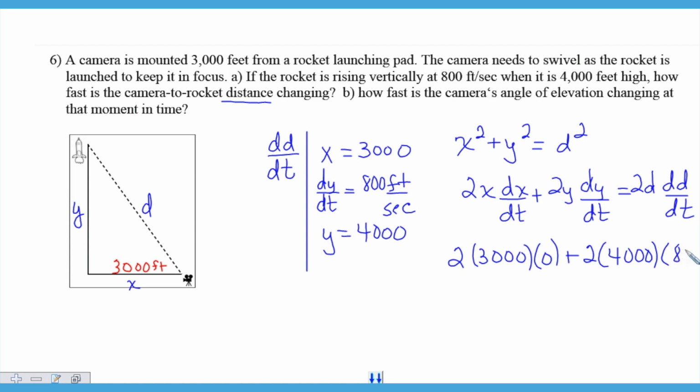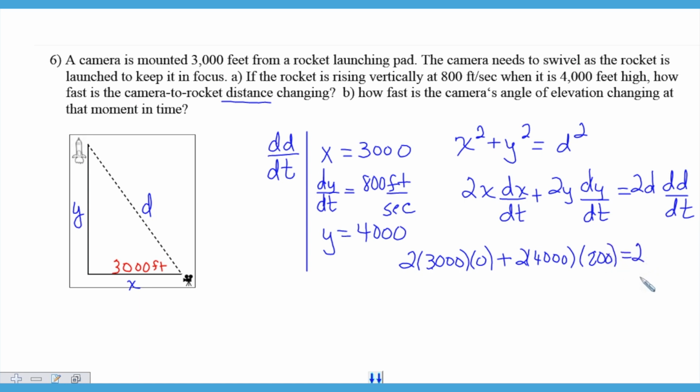I might have to get a calculator out for this one. Hold on a minute. I didn't allow enough room. Excuse me. So 3,000 times 0 plus 2 times 4,000 times 800 equals 2d dd/dt. I don't know what d is. Oh, goodness.